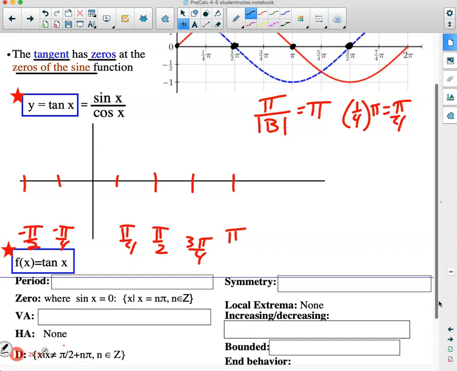Then we remember, asymptotes would be at negative pi over 2 and pi over 2. Ooh, if you have the other color, the extra color today, let's use that for asymptotes and for any vertical shifts that we have to go through today. If you have another color.